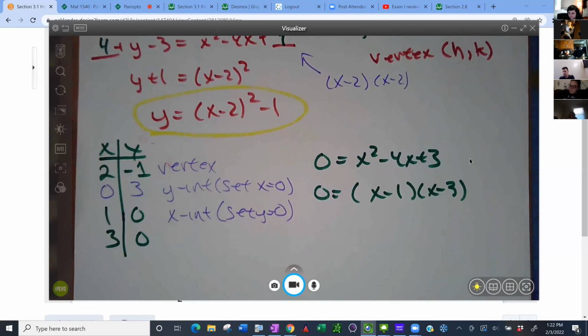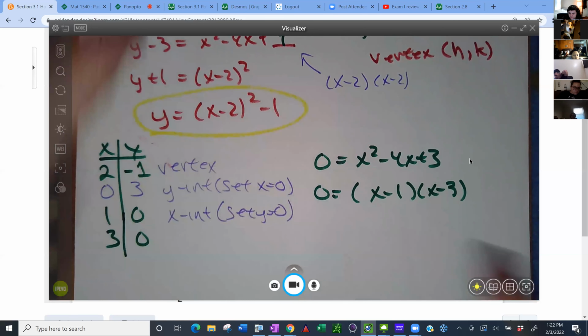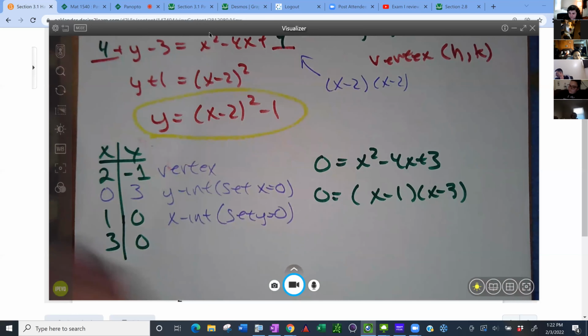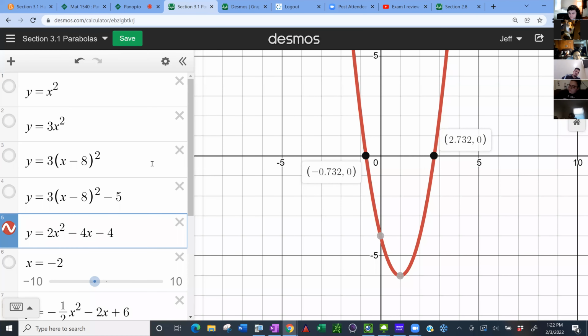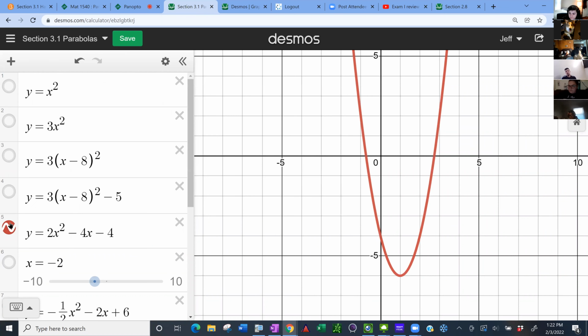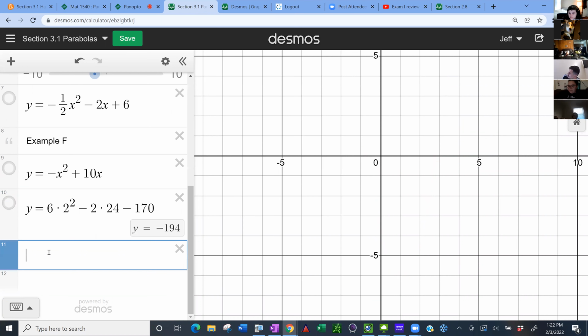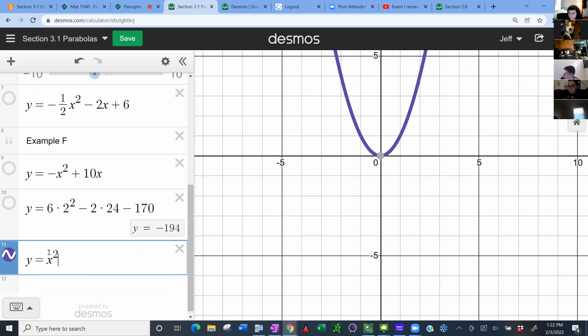Now, it's nice to have it in this form because you can just read off the vertex. Let's take a look and see if this matches kind of what we expected here. Let me shut both of these off, and let's graph it. y equals x squared minus 4x plus 3.